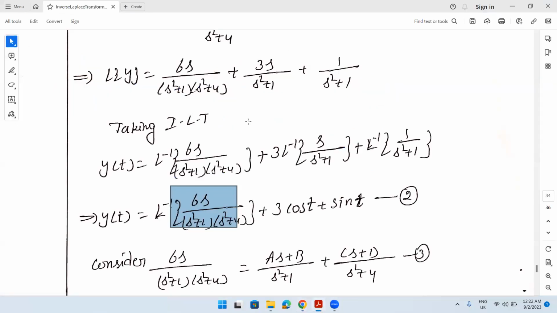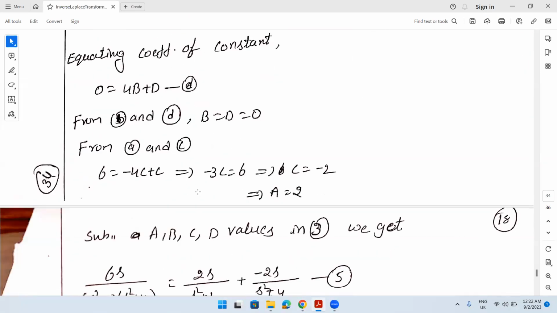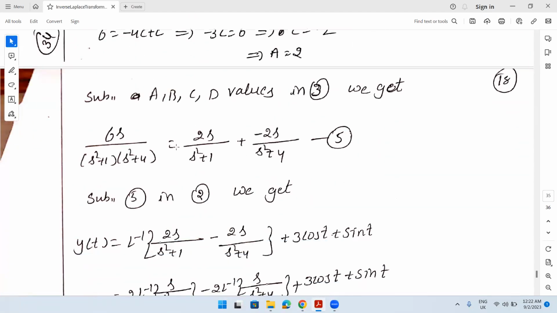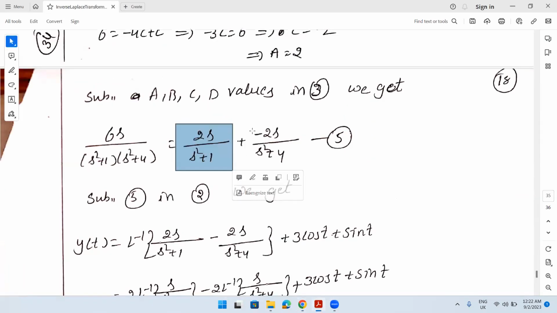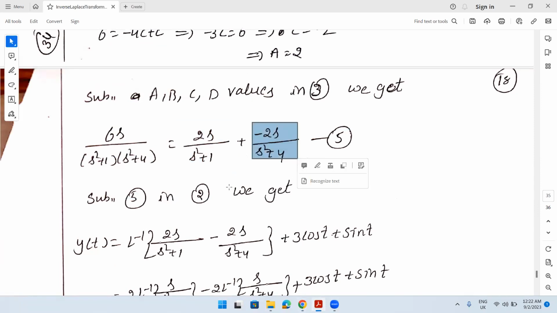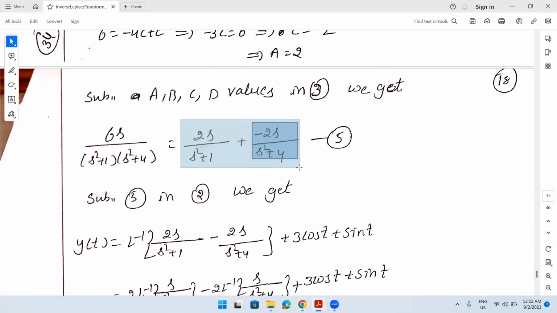So after partial fractions we get 2s by s square plus 1 minus 2s by s square plus 4. We get the same answer. This is the shortcut method; in the exam also you can use the shortcut method. Now we find the inverse Laplace transform of this.